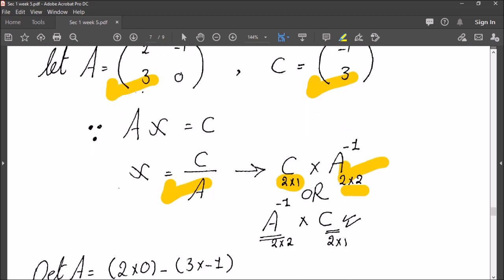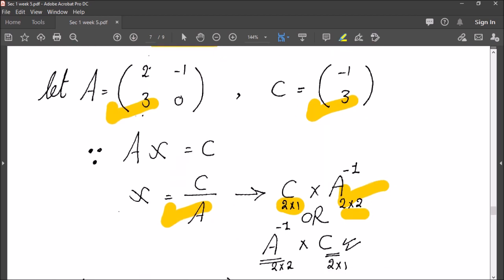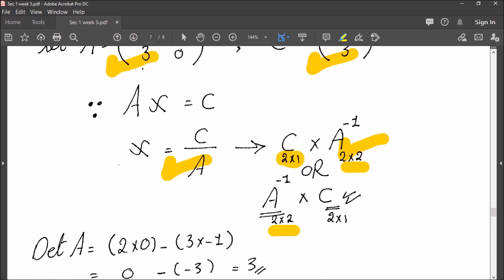But I can multiply A inverse, which is order 2 by 2, by C, which is order 2 by 1. Why? Because of the 2 here and 2 here. Okay? First of all, let's find our inverse matrix A.